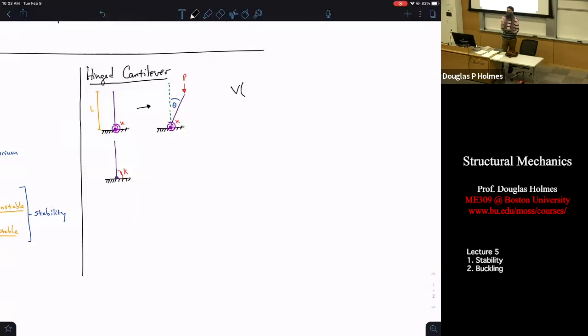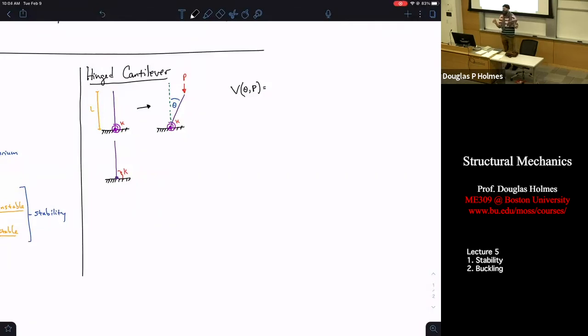So we're going to say that the total potential energy depends on two things. It depends clearly on the angle. The more it's rotated, the more energy you're storing in that spring. So V depends on my angle, theta, and it's also going to depend on the load that I'm applying, P. Our strain energy, which is the only way we're storing energy in the system, is in the spring as we rotate it.